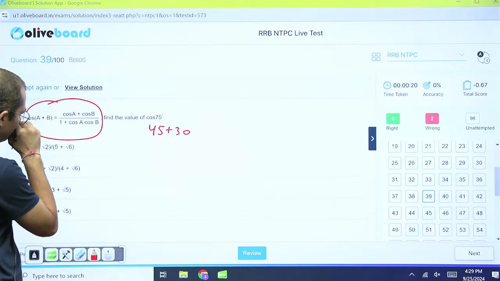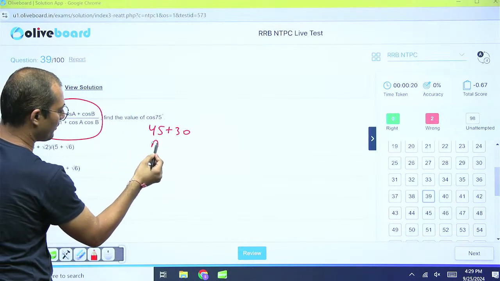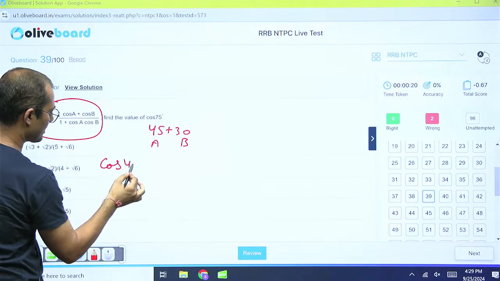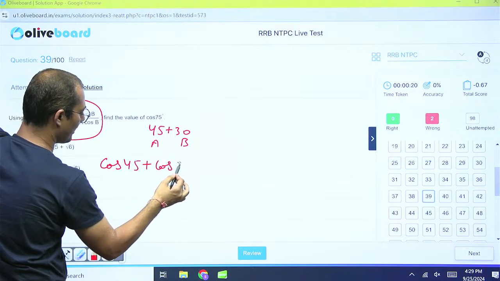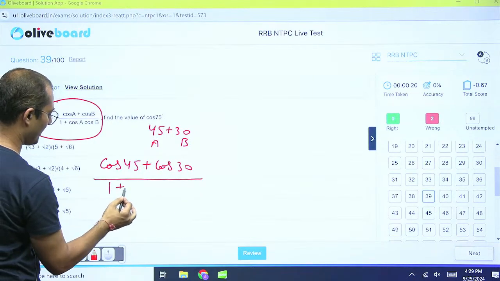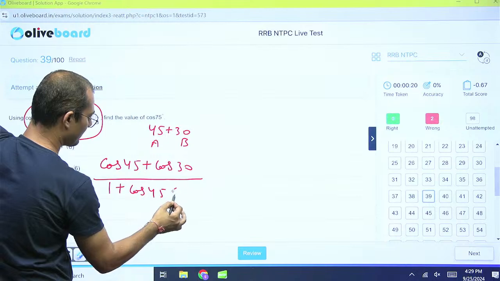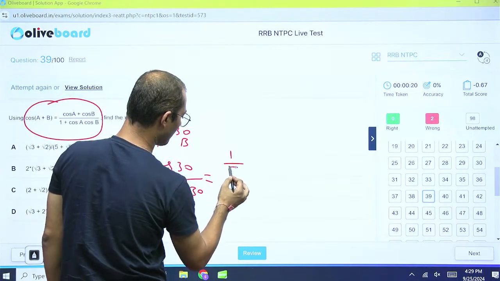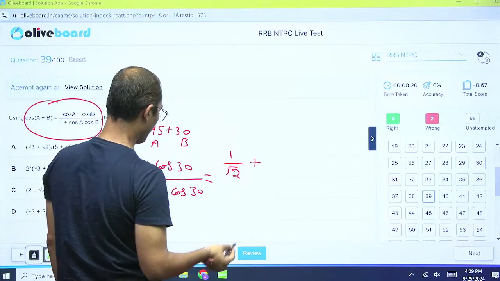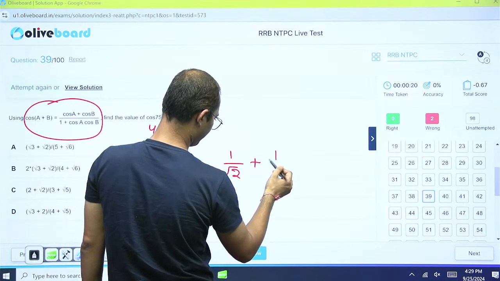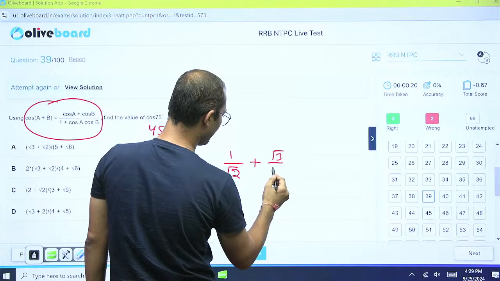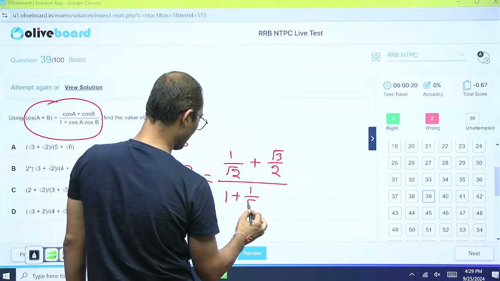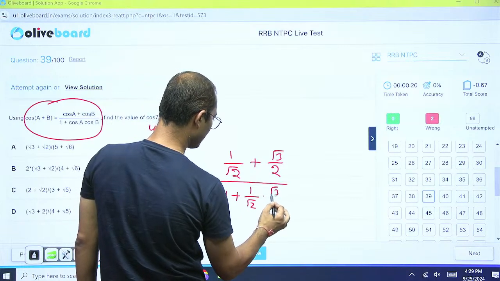So if we put A is equal to 45 and B is equal to 30, we will get cos 45 plus cos 30 divided by 1 plus cos 45 into cos 30. We know the value of cos 45 is 1 upon root 2, plus cos 30 is equal to root 3 by 2, divided by 1 plus 1 upon root 2 into root 3 by 2.